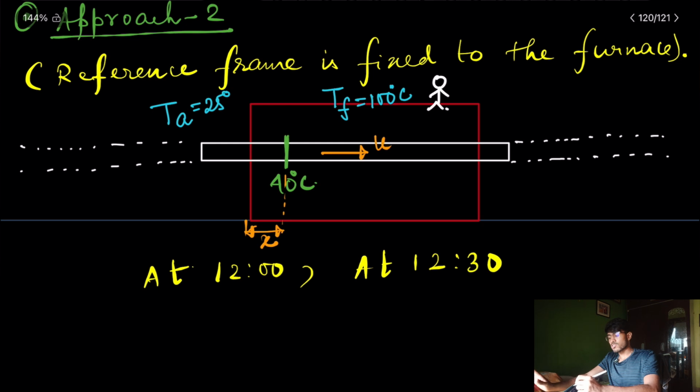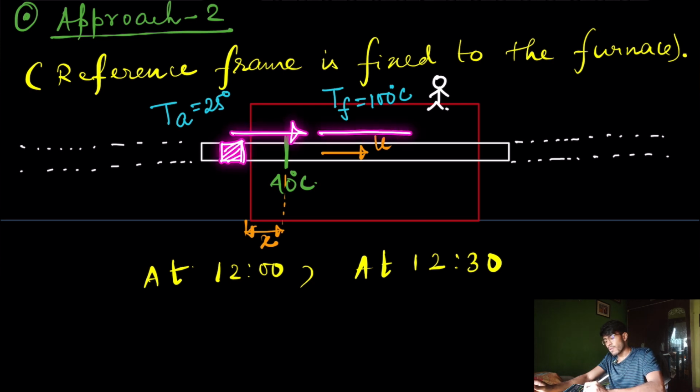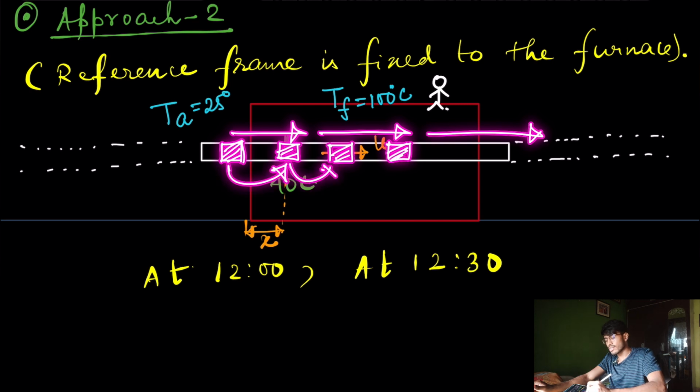So actually, what is happening? Maybe I am considering only this portion of rod. So this portion of rod, it is entering, it is passing, and it is leaving. While it is entering and passing this particular portion, it is going here and here and here, and ultimately it will go to outside of the furnace. So this portion will see a temperature change.